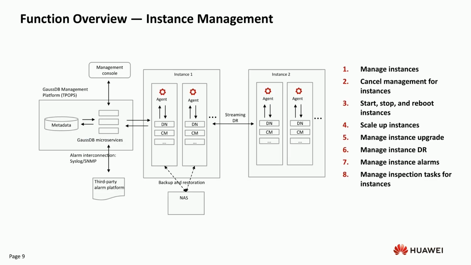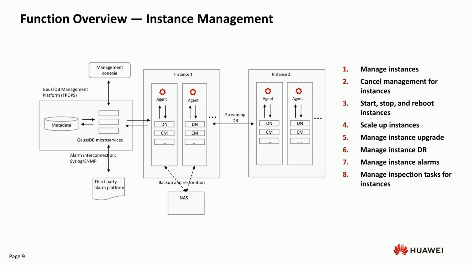In terms of instance management, you can manage, start, stop, and reboot, scale up, manage the upgrade of, manage alarms for, manage inspection tasks for, and manage the DR for instances on the GaussDB management platform.